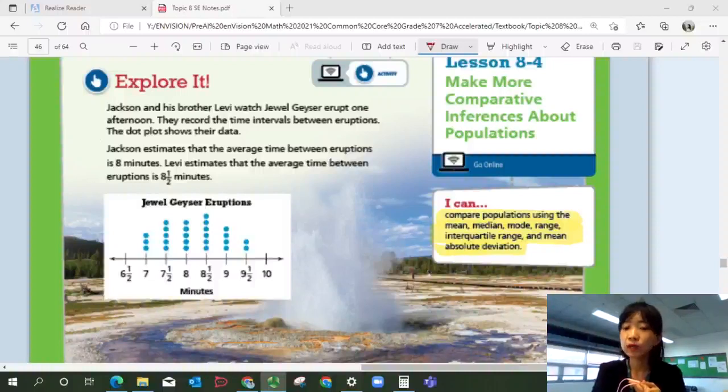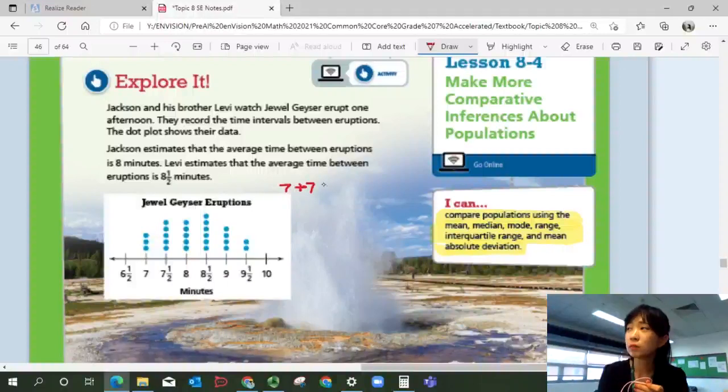So first, we need to figure out if he's using the mean or the median. So let's figure out the mean and the median. The mean would be 7 plus 7 plus, so all the data together. Wait, let's not write everything because that's going to be a lot.